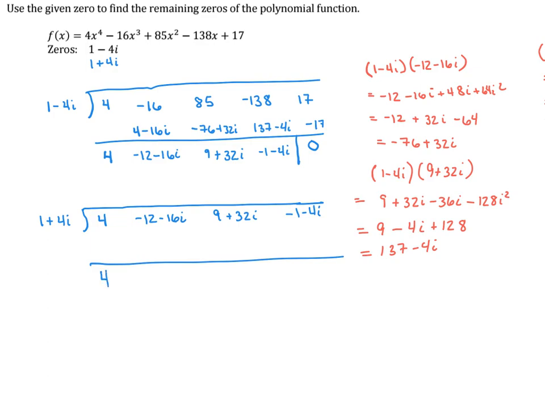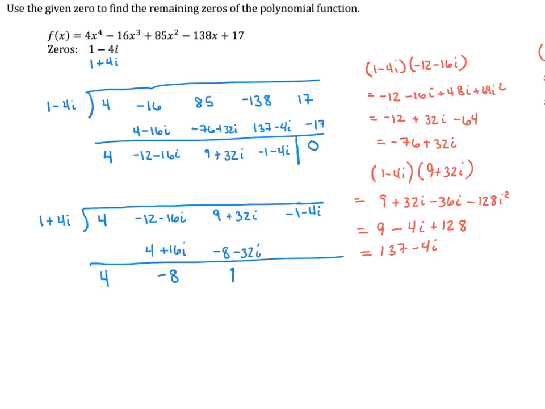Bring down the 4. 1 plus 4i times 4 is 4 plus 16i. This gives us negative 8. Multiply 1 plus 4i times negative 8, and we get negative 8 minus 32i.